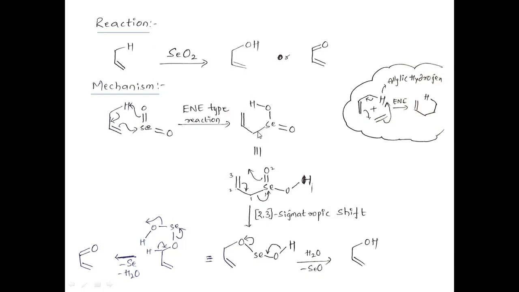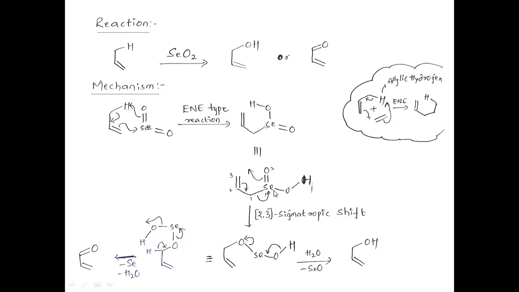Now this is what we call the allyl position, allylic selenic acid. Why do we call this selenic acid? Selenium double bond OH is just like carboxylic acid, C double bond OH. This is selenium, so we call this allyl selenic acid. I am representing the same molecule like this for the sake of simplicity to represent the mechanism.